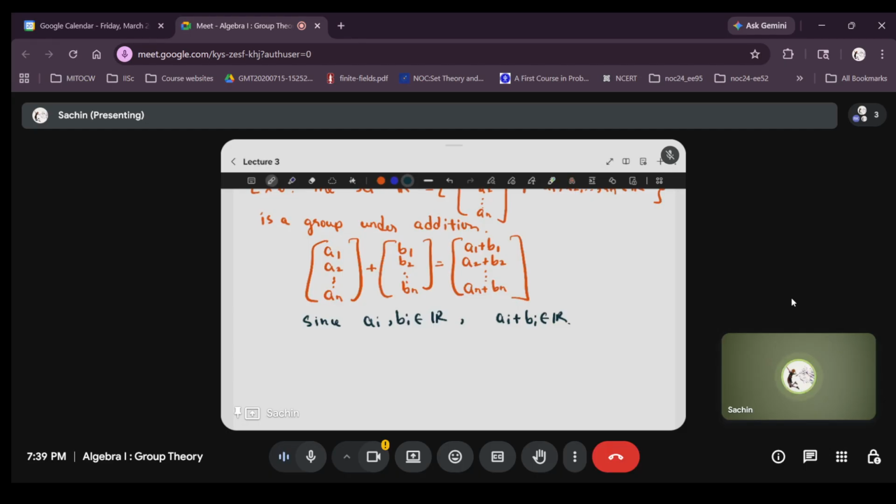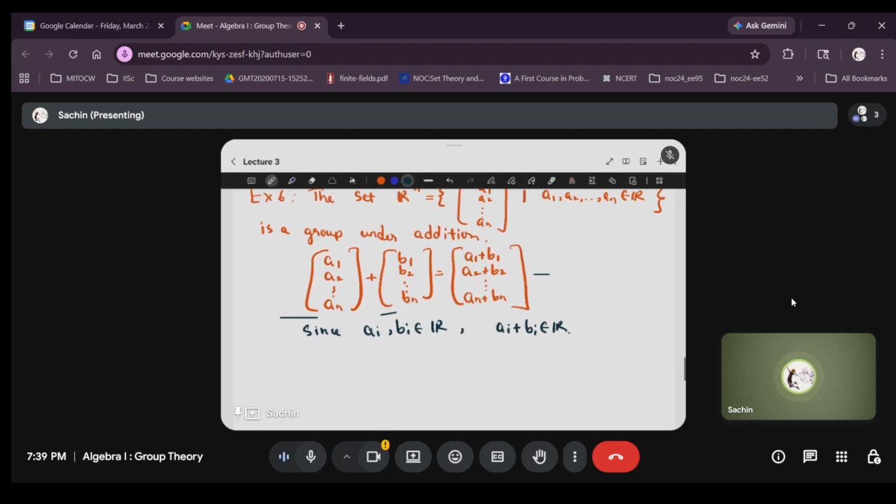Which means that if vector a, which is a1 to an, belongs to Rn, and vector b, which is b1 to bn, belongs to Rn, then each of the ai's and each of the bi's are in R. So each of the ai plus bi's are in R. So this is also a vector with real entries. So closure is fine.